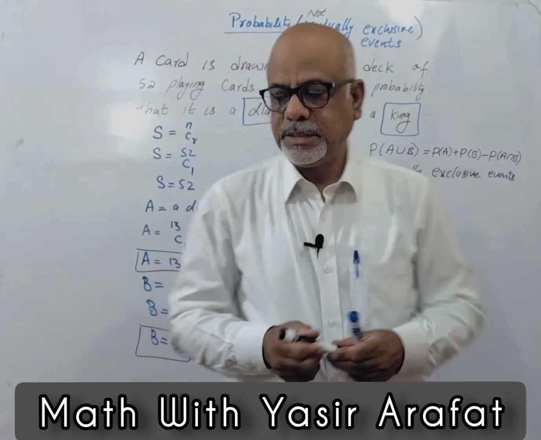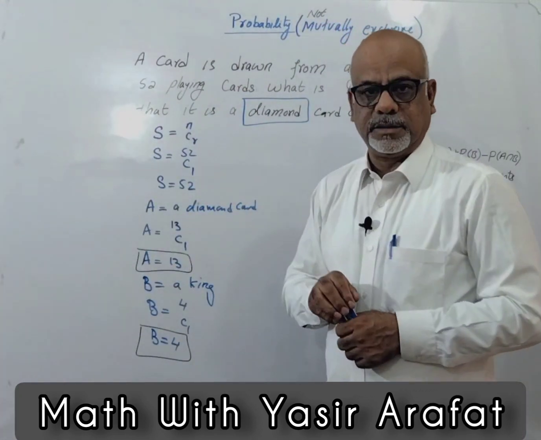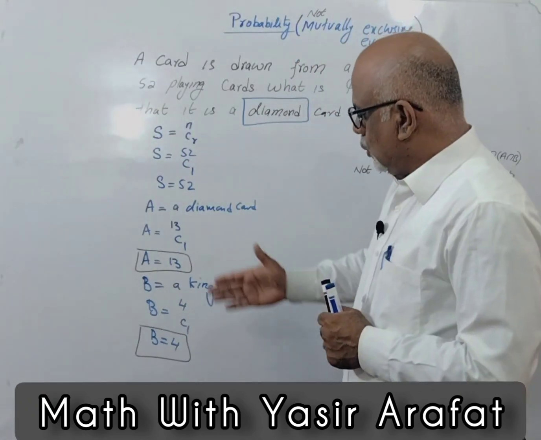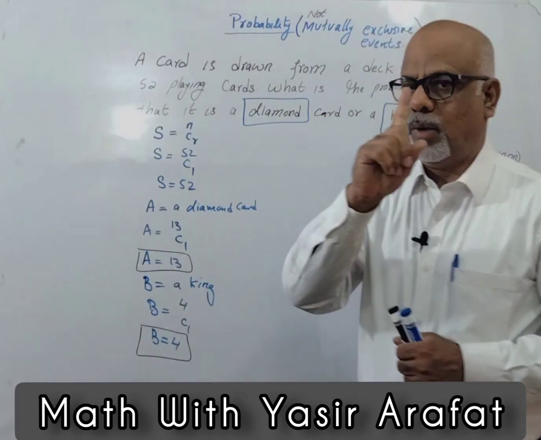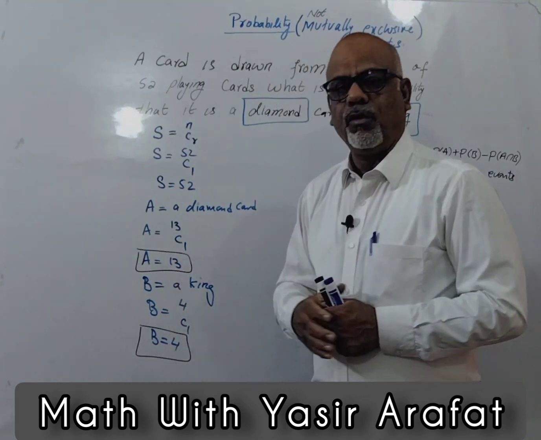Now we have to focus here. There are 13 diamond cards and there are 4 kings. In the 13 diamond cards, there is 1 king, and here we have 4 kings.